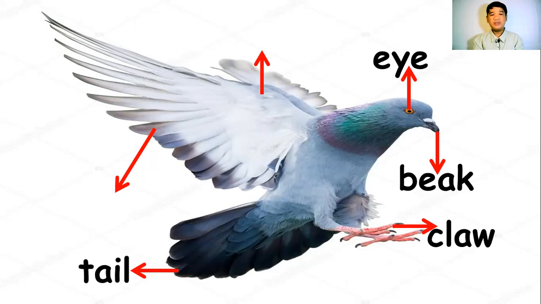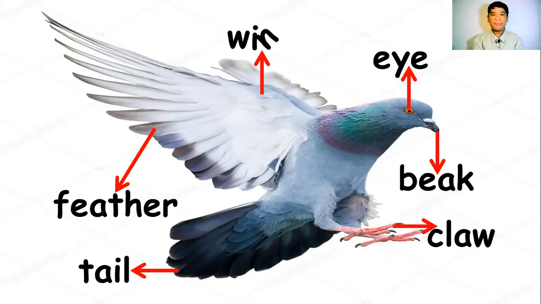And this one is what we call feather. Feather. Okay, and the last one we call wing. All right, so we have here the eye.